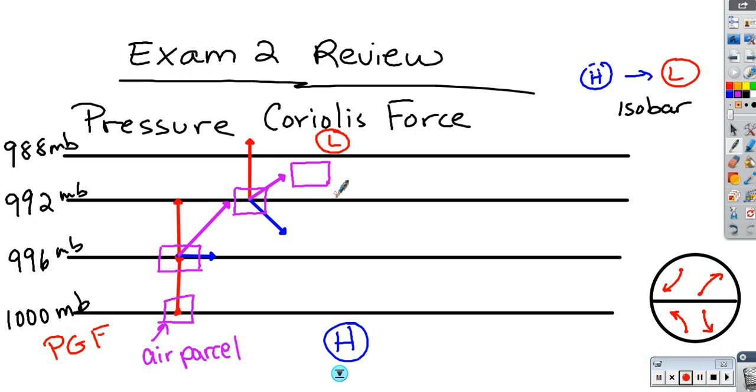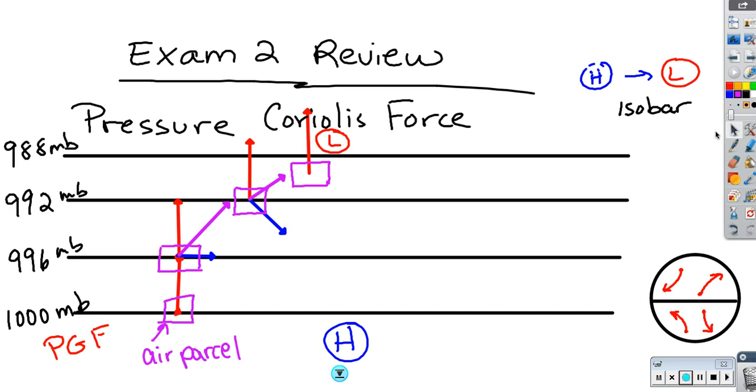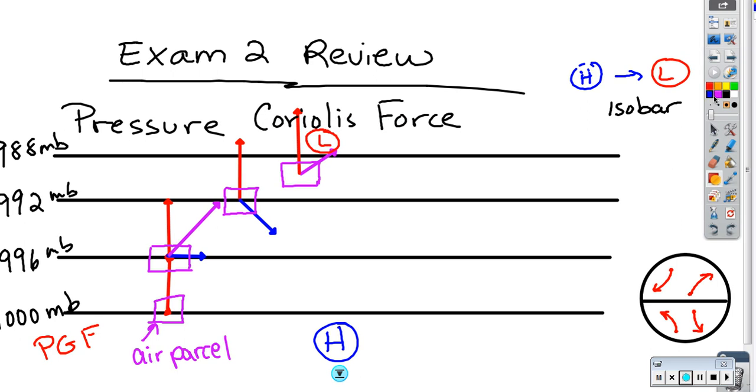So now let's complete this process here. Let's bring back the red arrow. Red arrow is still going to be pointing towards the low, and if I bring this over, we can draw the blue arrow. So it's going to remain 90 degrees from this, and we're going to make it a lot bigger now. Alright.